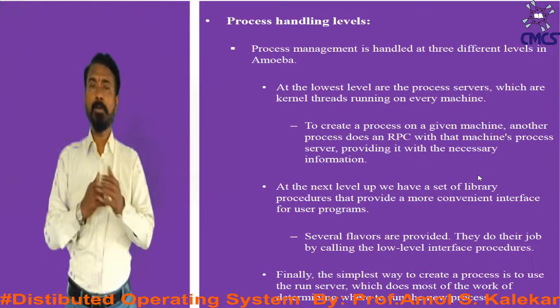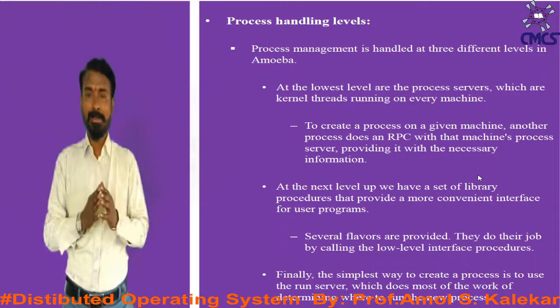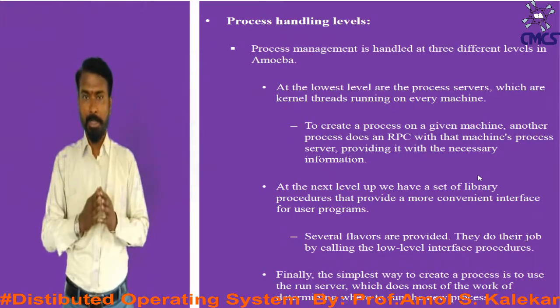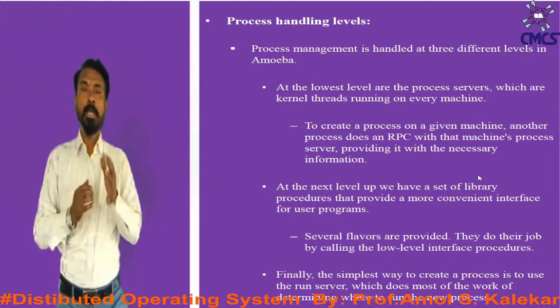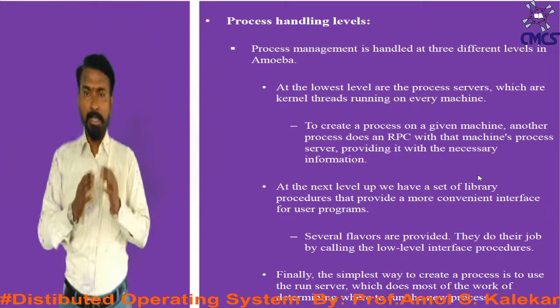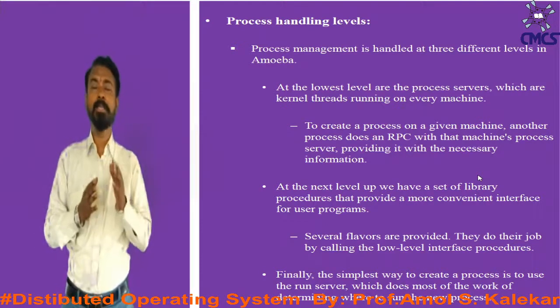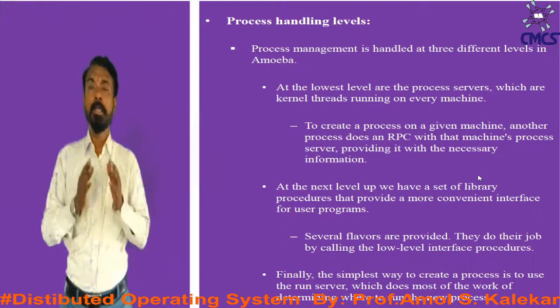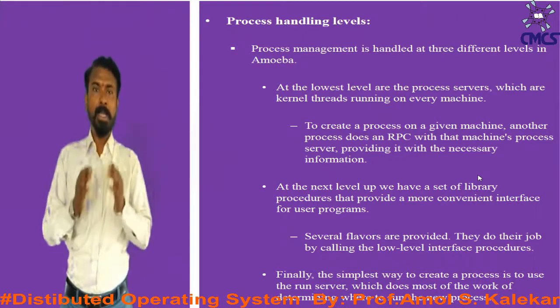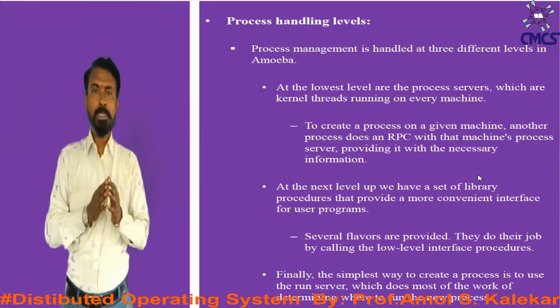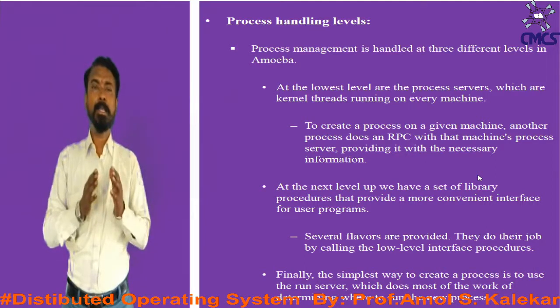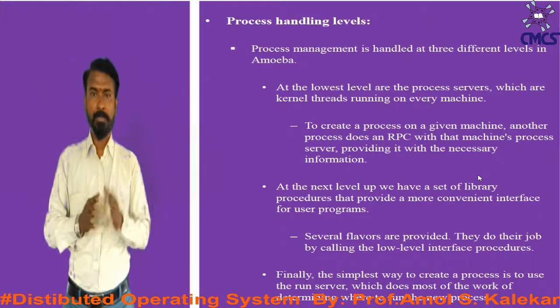Now, how each of these processes can be handled in the format of a tree, that's why our next point of discussion is the process handling levels. Process management in Amoeba is handled at three different levels. First, at the lowest level are the process servers, which are kernel threads running on every machine.